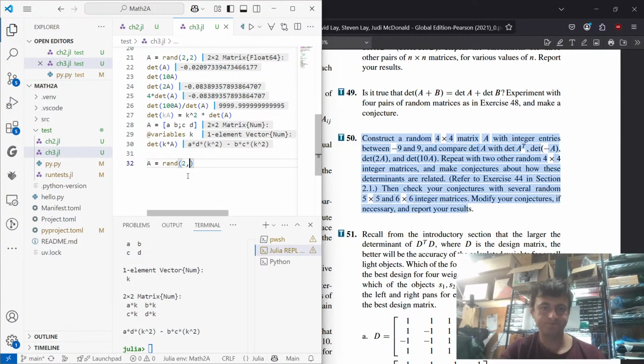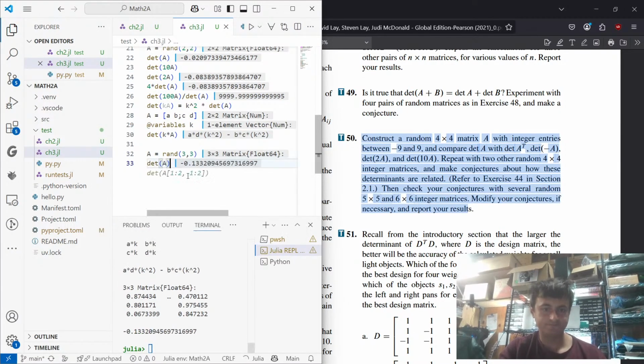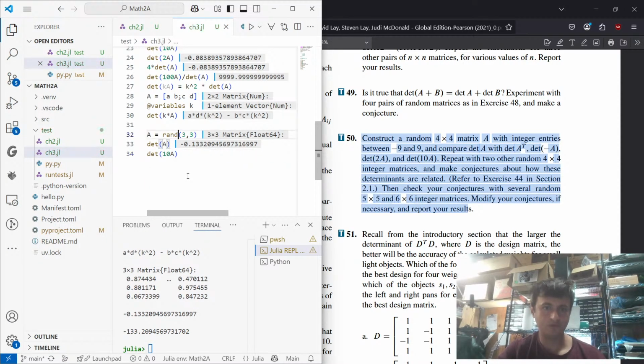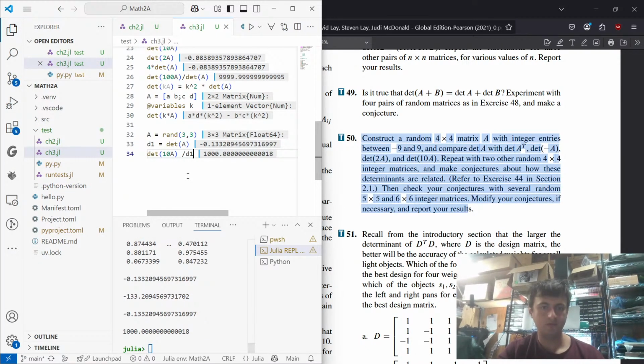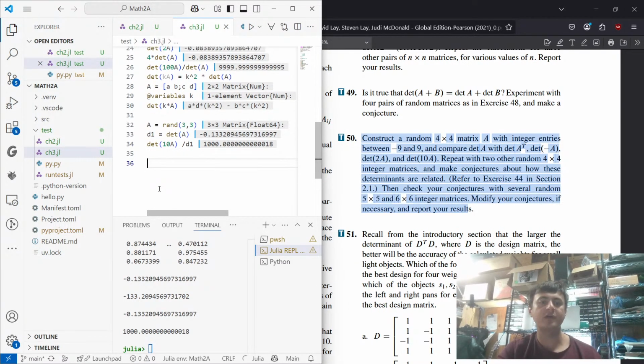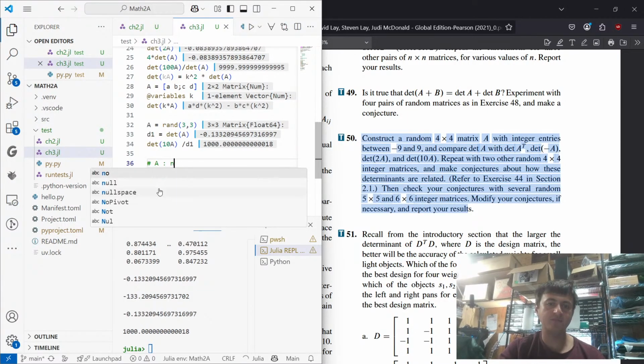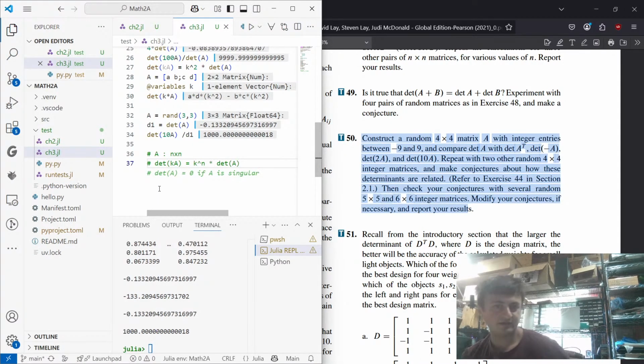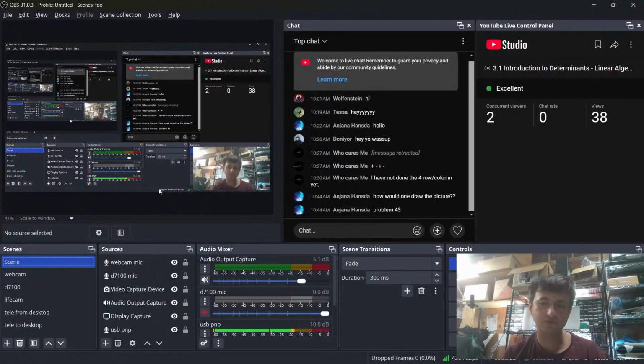Let's do, let's say, so now it's, okay, so for A that's n by n, then det of KA is equal to K to the n times. That's pretty interesting. I don't know if that's true, but it seems true.